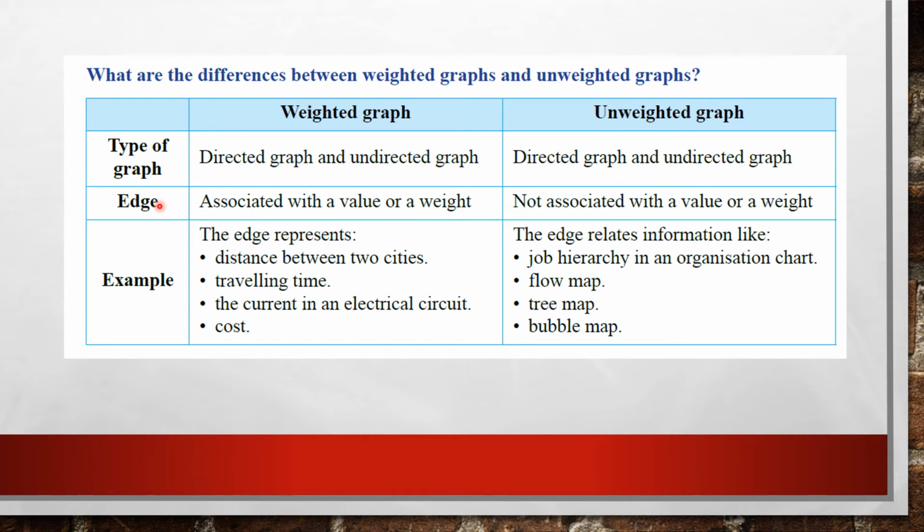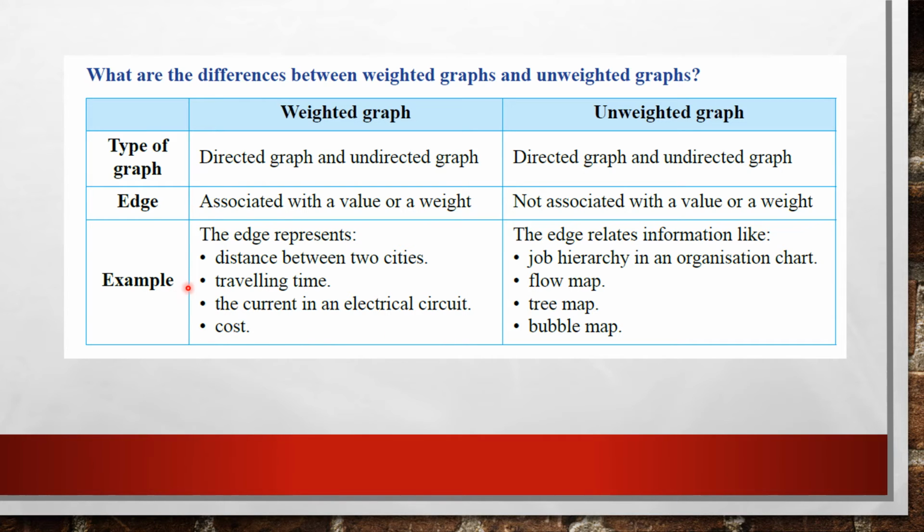For edge, in a weighted graph, the edge is associated with a value or a weight. That means there will be a value at the line of the graph. But for an unweighted graph, the edge is not associated with a value or a weight. That means there will be no value given at the line of the graph.